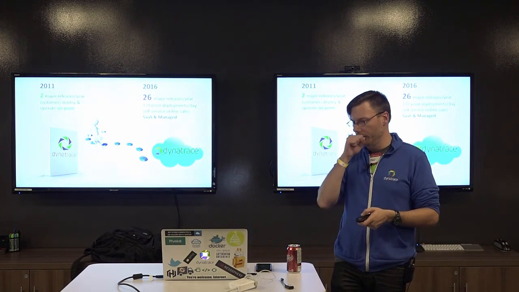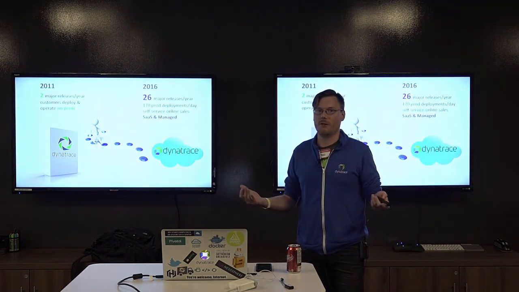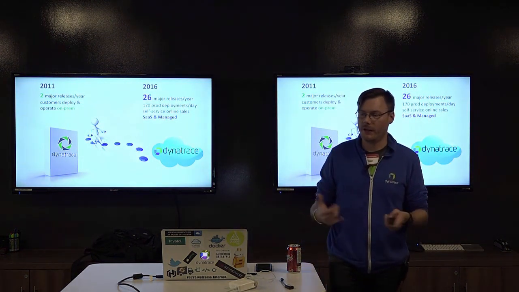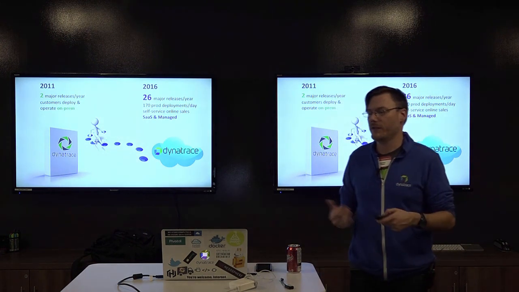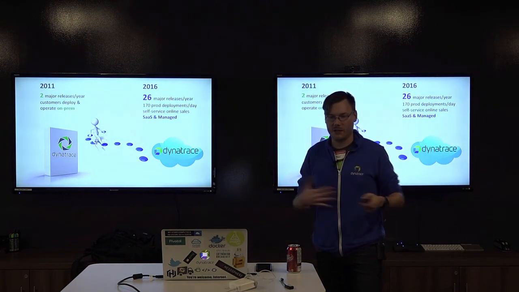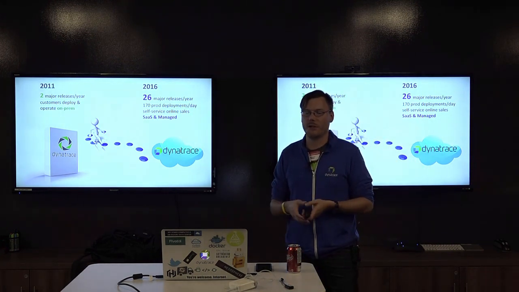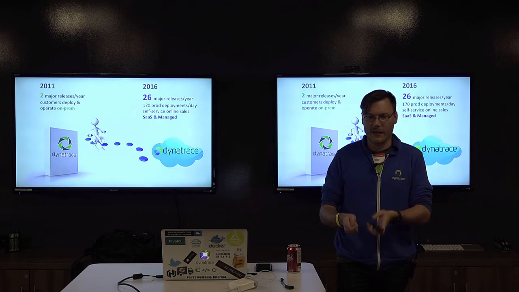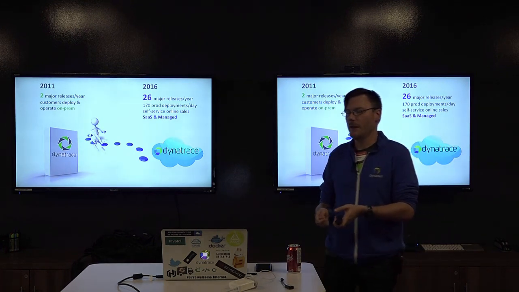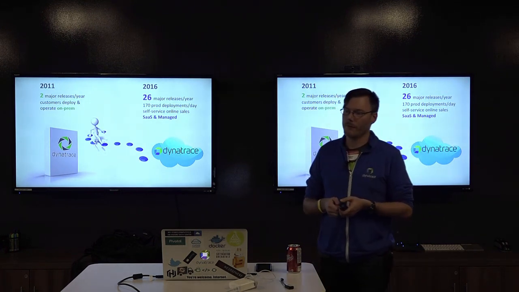And then Dynatrace, as an organization, we're in the midst of our own digital transformation and our own shift to DevOps practices and so on. Back in 2011, we only had 2 major releases a year, right? The vast majority of our customers were getting a piece of software that was shipped to them, and they were running that on-prem, right?